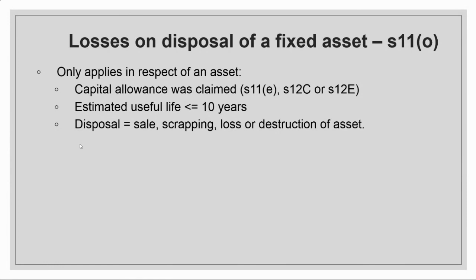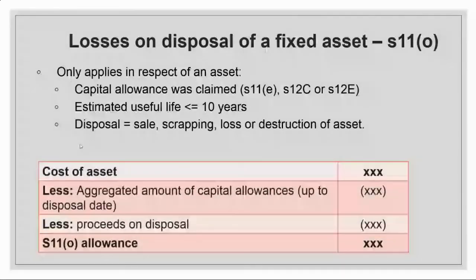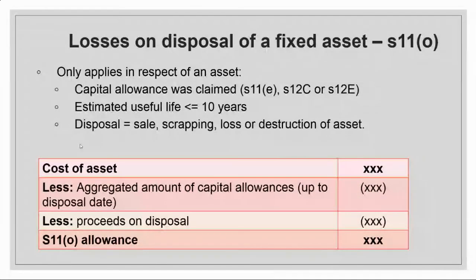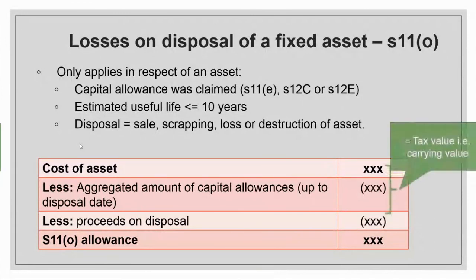Then you determine on disposal what is the loss that you made and that you are allowed to deduct. So the loss we work out by taking the sales value less the tax value, which is your carrying amount of the asset at that stage, to work out what the loss amount is. And that is what you deduct.